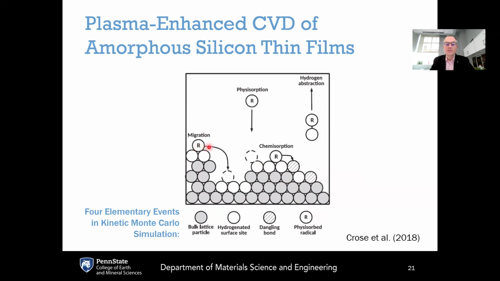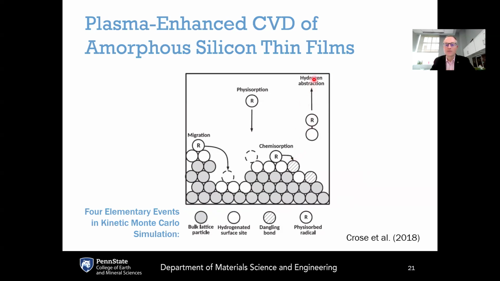And then the elementary events that can occur are migration of the hydrogenated surface site, so movement along the surface here. Physisorption, which would be taking this radical here and adsorbing it onto the surface. Chemisorption, which takes this physisorbed radical here and brings it to a dangling bond here to form a chemical bond between the two.